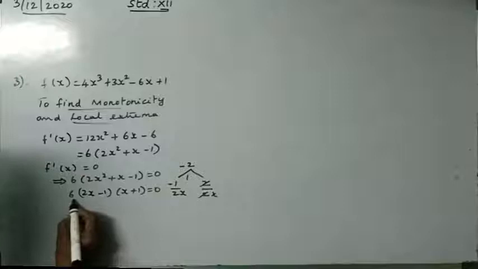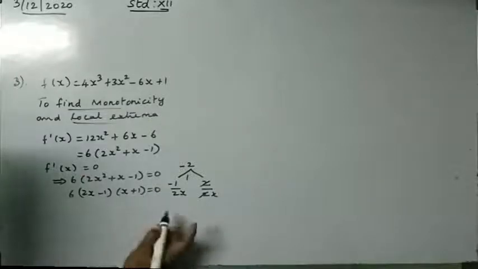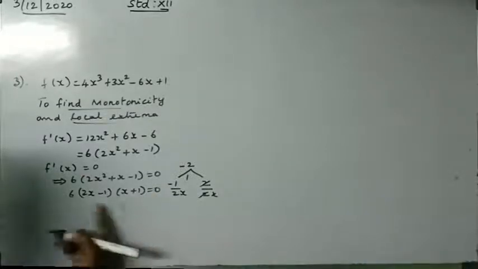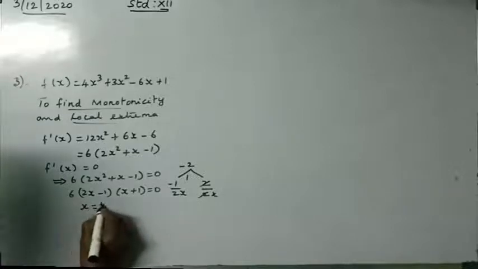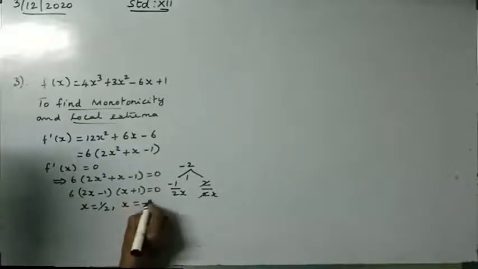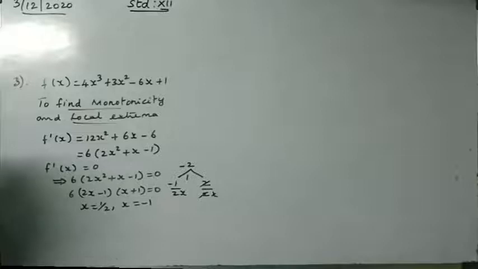So 6 into 2x minus 1 into x plus 1 equal to 0, and so x is equal to 1 by 2 and x is equal to minus 1. So these are the critical numbers: x is equal to minus 1 and x is equal to 1 by 2.